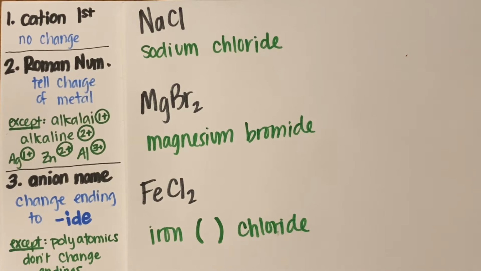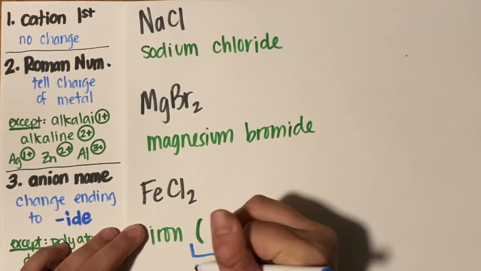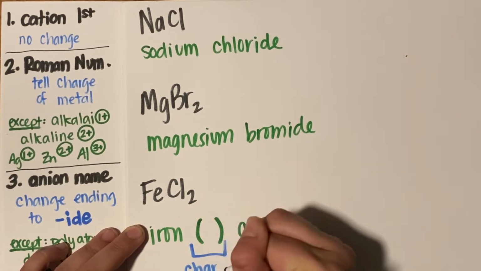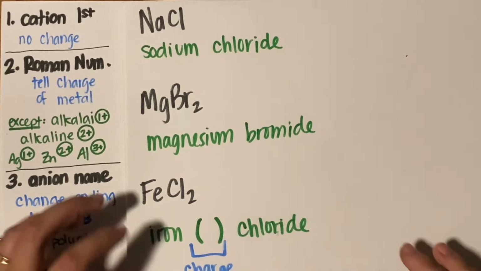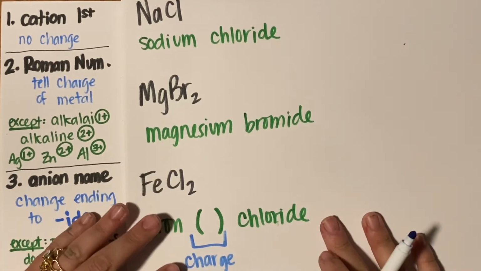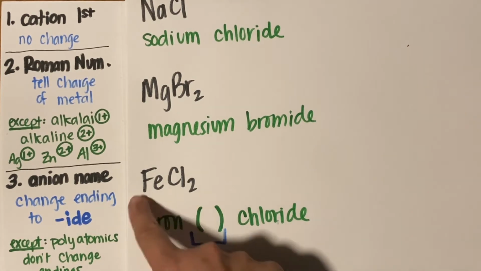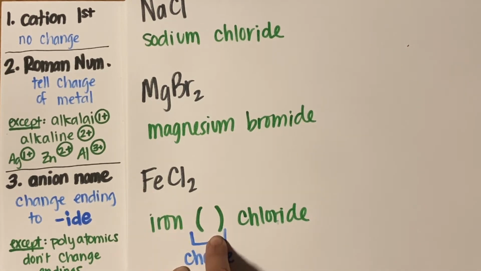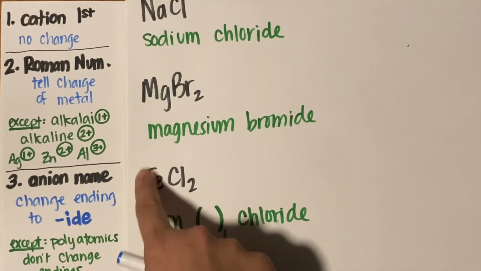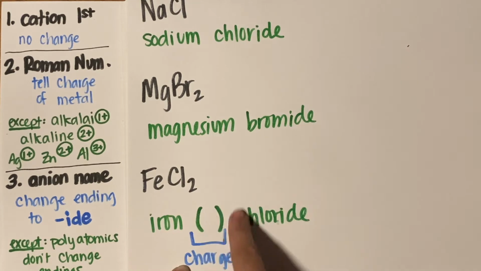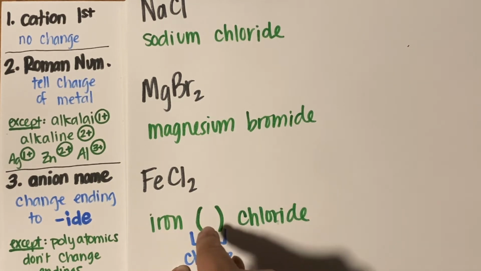Remember that the Roman numeral tells me the charge of that iron. It does not tell me how many irons there are. So please don't put iron 1 chloride just because there's 1 iron here. That's not what the Roman numeral tells us. Roman numeral tells us the charge.